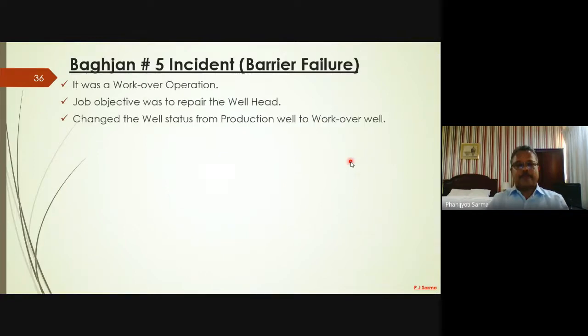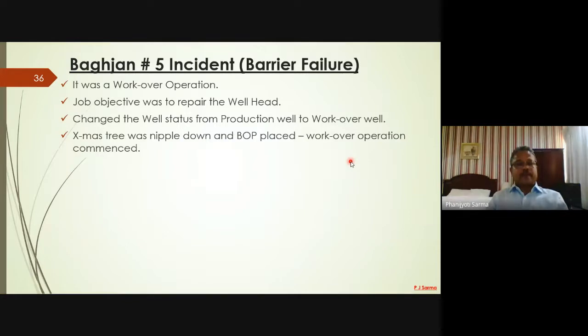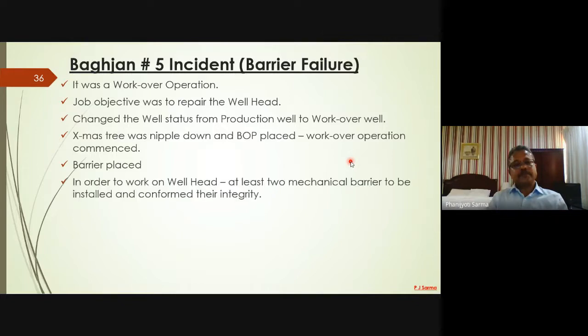So the Xmas tree was nippled down, the BOP placed, and the workover operation commenced. Then they placed the barriers in order to work on the wellhead. At least 2 mechanical barriers are to be installed and their integrity confirmed.